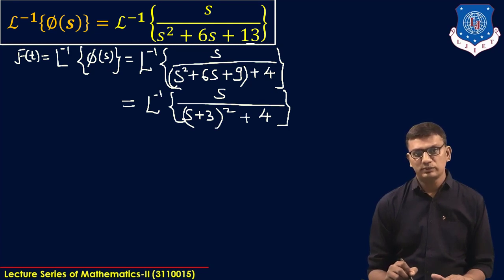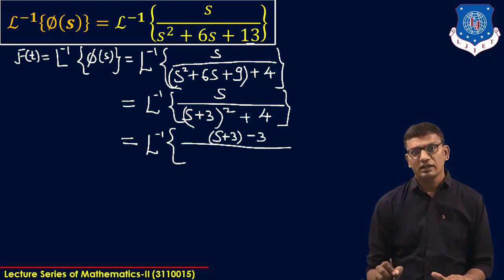Now we have s plus 3 in the denominator. We have to arrange s plus 3 in the numerator. So we get L inverse of (s plus 3 minus 3) upon (s plus 3) whole square plus 4.